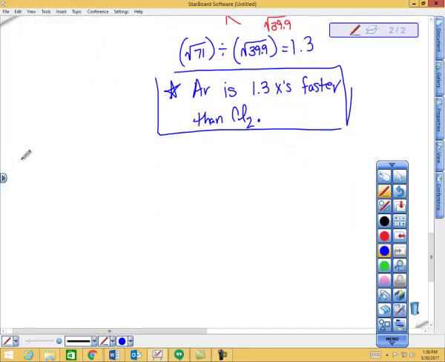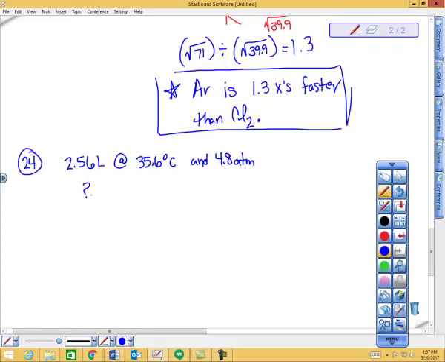All right, so let's skip on down to 24. Ooh, fun, gas laws. You have a 2.56 liter container held at 35.6 degrees Celsius and 4.8 ATM.